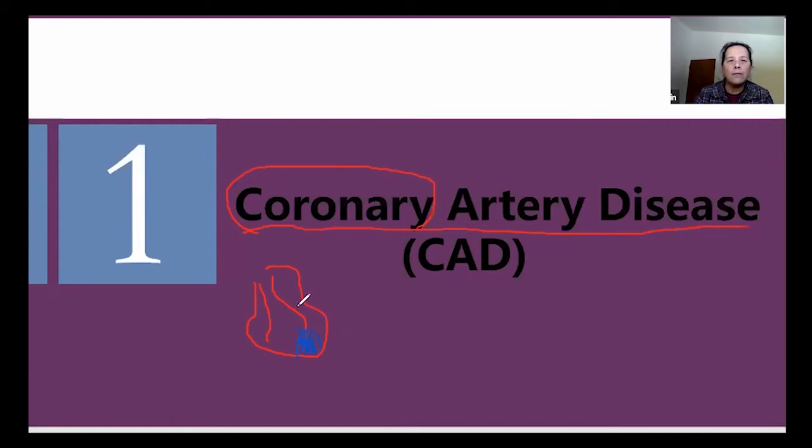How severe the illness is depends totally on where they block. If blocked in the big branches here, maybe even half of the heart is totally not working. In that kind of condition, a heart attack, people may die immediately.